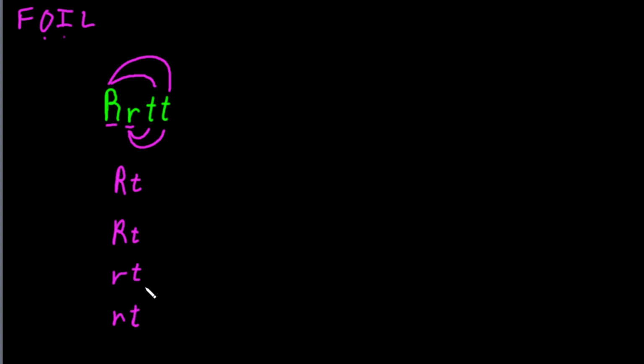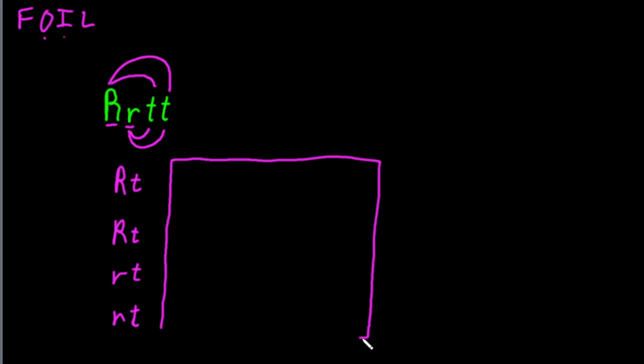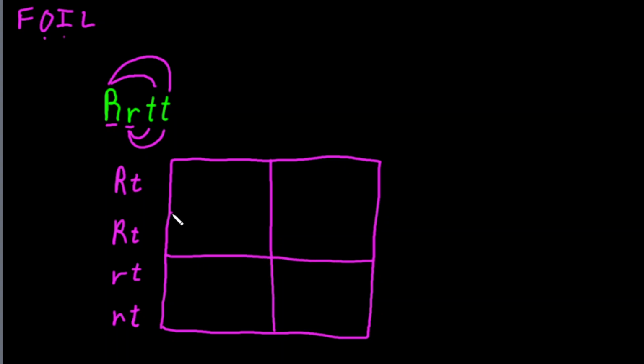Okay, and so those are the possible gametes, and we would write those along the side of a dihybrid Punnett square, which of course would be 16 squares, a 4x4 square.